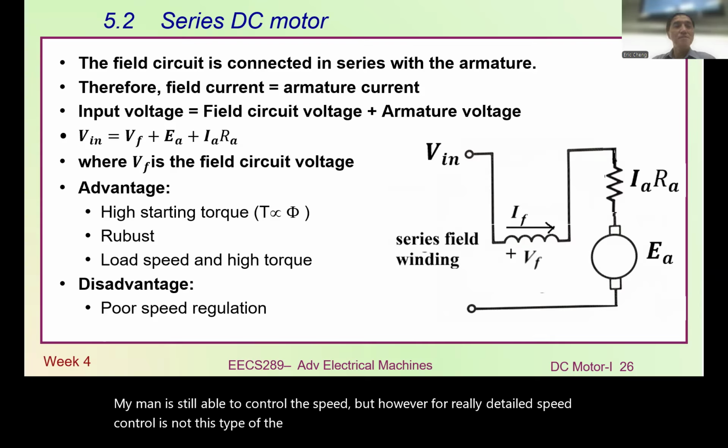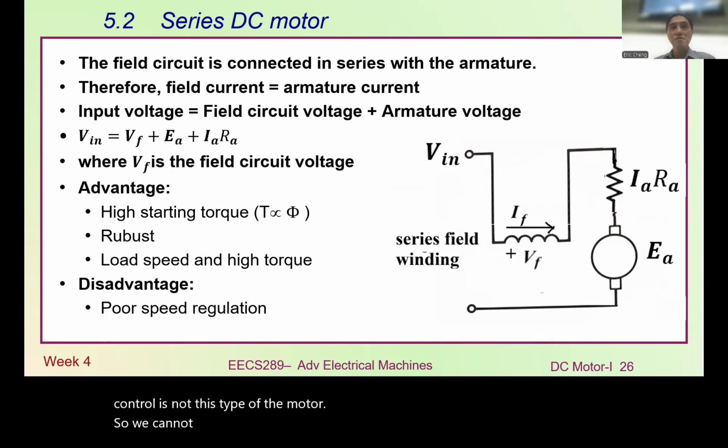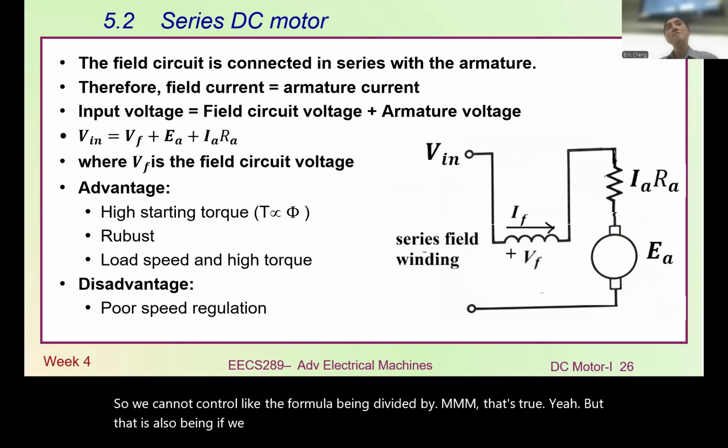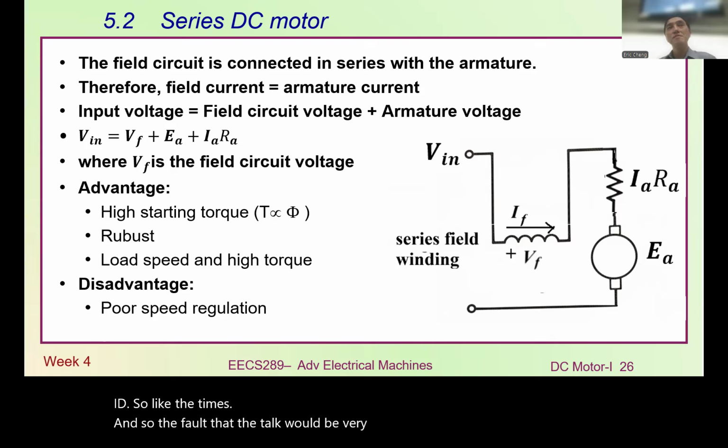Because we increase V, but in this case the flux will increase too. So we cannot control it like the formula, V divided by K times flux. If we increase V, we also increase the flux and IA, so the torque will be very large.